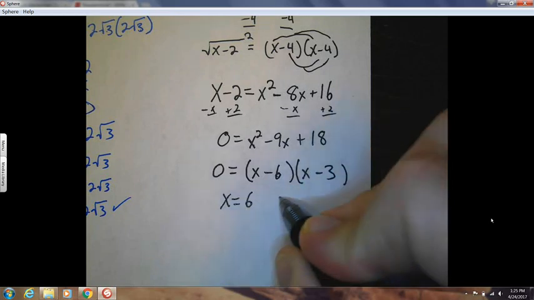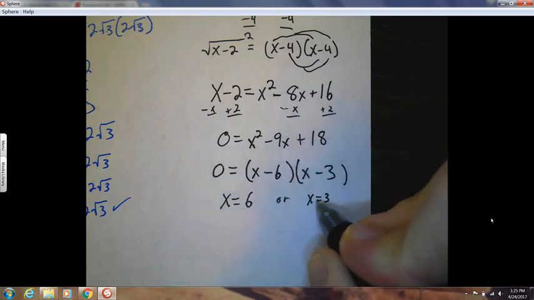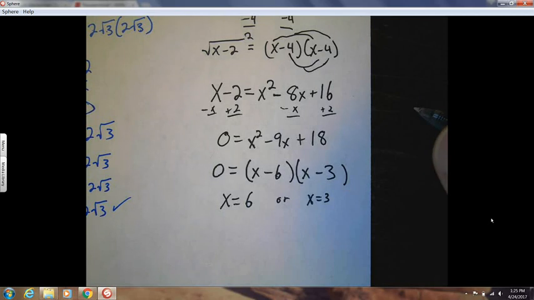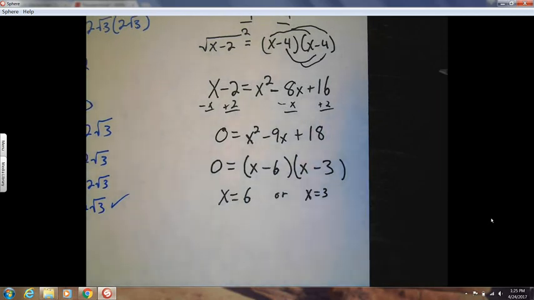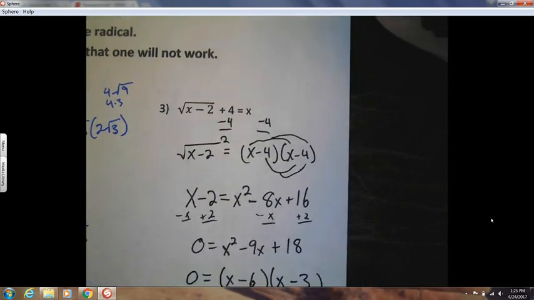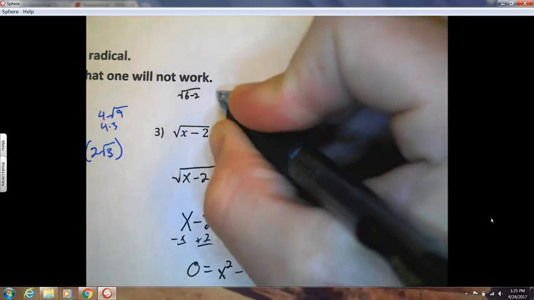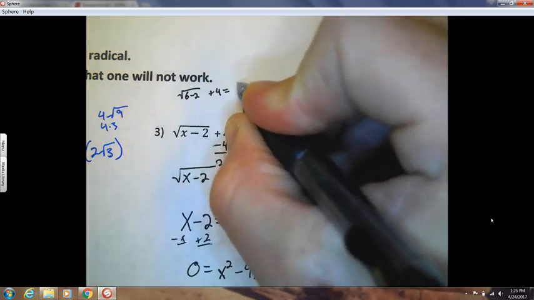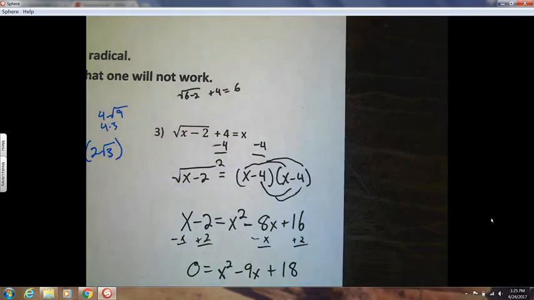Go back to the original and see if it works. So I'm going to do that up here. That's if it happens to be 6. This is if it happens to be 3, so let's see if it works.